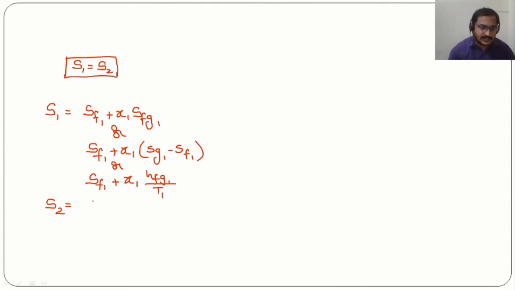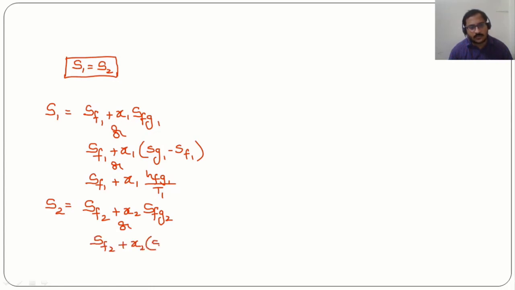Then the second condition is also wet, so sf2 plus x2 into sfg2, or sf2 plus x2 into (sg2 minus sf2), or sf2 plus x2 into hfg2 by T2. So this is how we can find the unknown dryness fraction. See, while solving the problems, only one dryness fraction will be given, either x1 or x2.